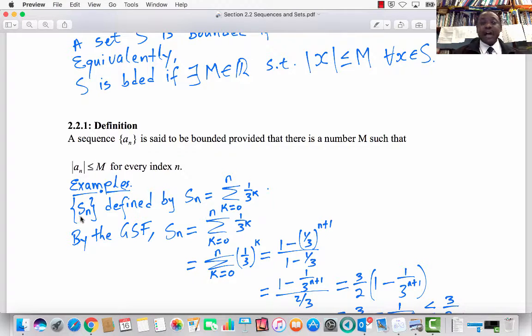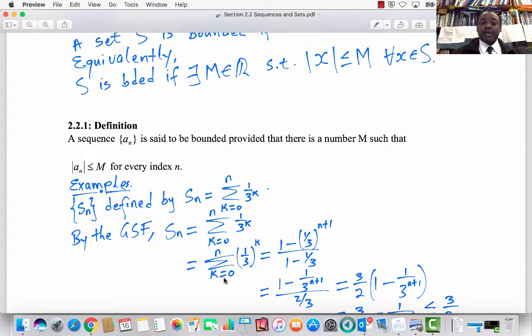Example 1. Define the sequence Sn by Sn equals summation k from 0 to n, 1 divided by 3 to the k. Now you can quickly write 1 divided by 3 to the k as 1/3 raised to the power k. And we end up with summation k from 0 to n, 1/3 to the k to be our definition for the sequence Sn.